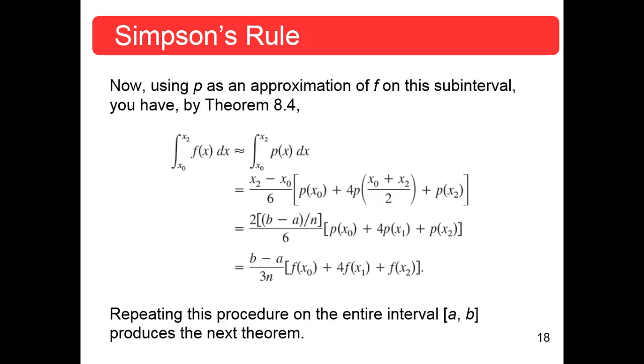So we go back, and instead of p of x0, you do f of x0, f of x1, and f of x2. Same values, okay? In between they're not the same value, but those 3 points they are. So this gives you an approximation for the integral from that. Repeating this procedure on the entire interval a to b produces the next theorem.